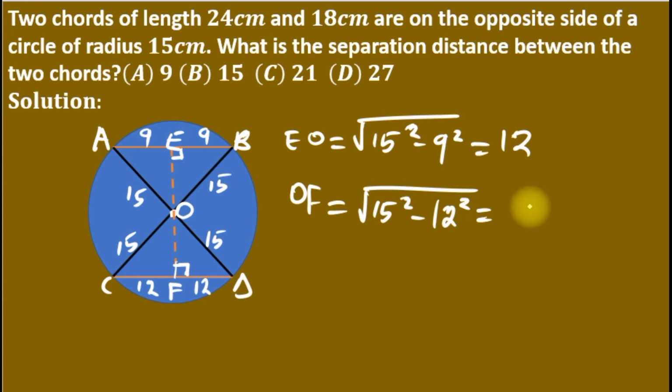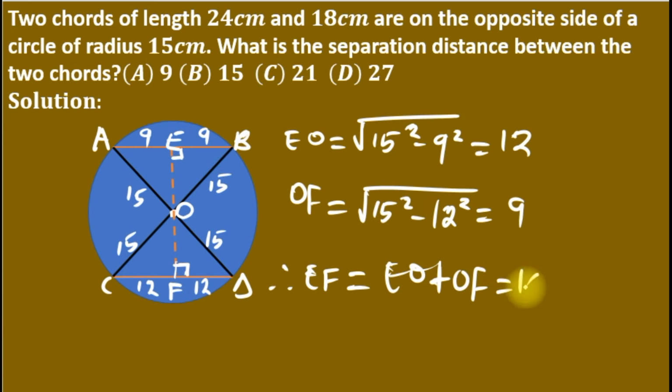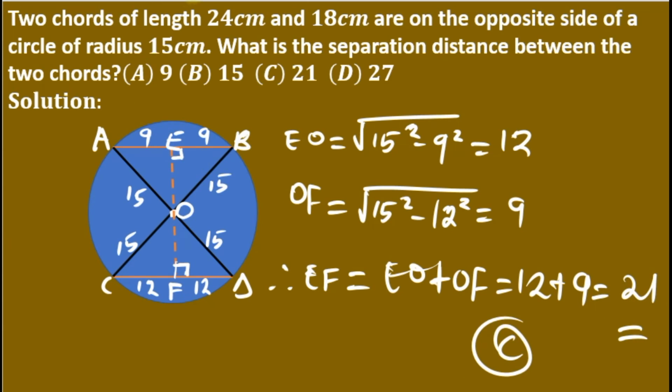So as you can see, this is 9, because 225 minus 144 is 81. Square root is 9. So we are asked to find EF, the separation distance. Therefore, EF equals EO plus OF, which is 12 plus 9. Our answer is 21. Option C.